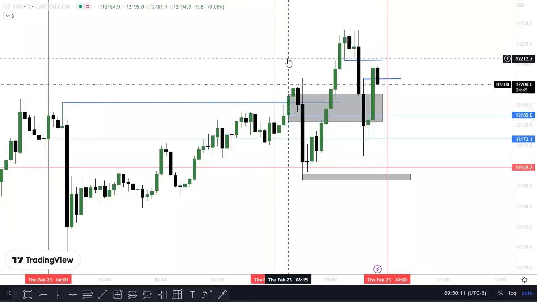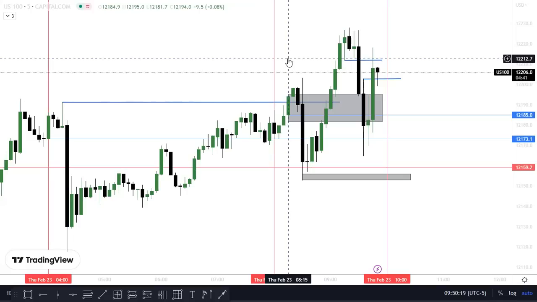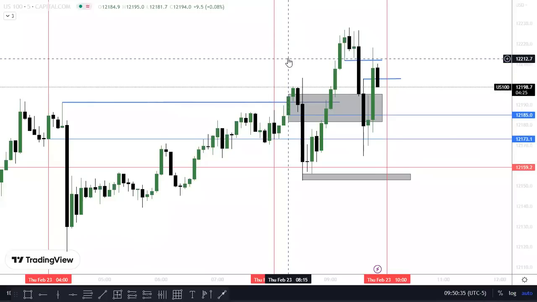I'm saying for what I see to be valid and me to be comfortable, we shouldn't do this. If it does it, stay flat. At the moment, I can't see a reason for price to retrace higher. I'm fully bearish.